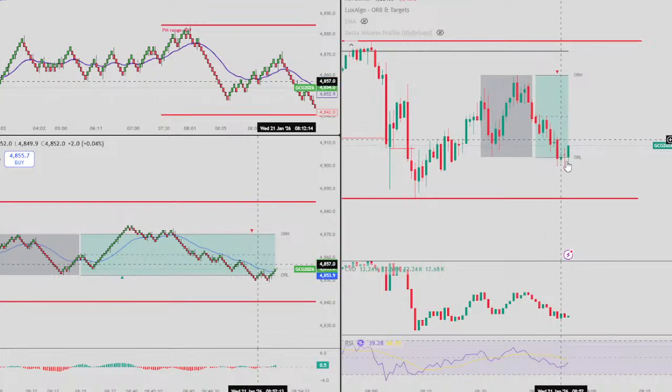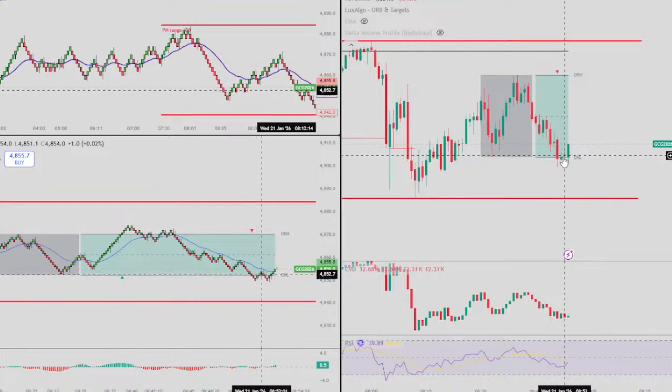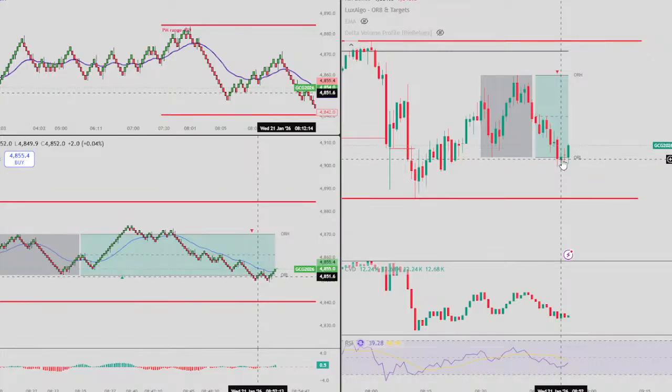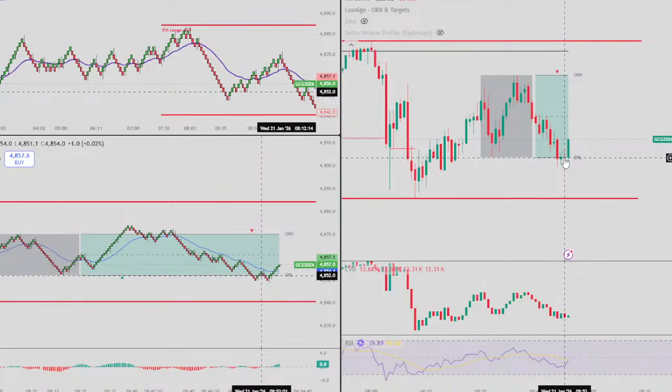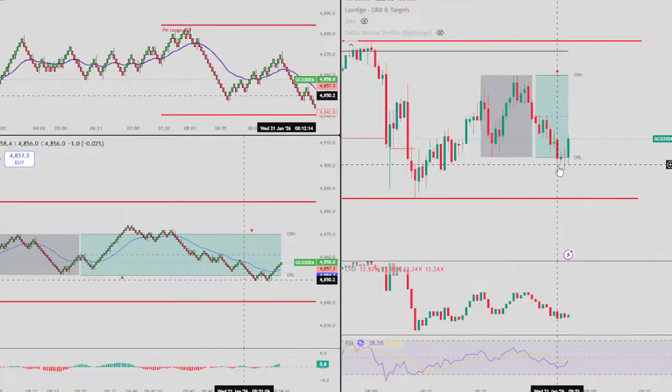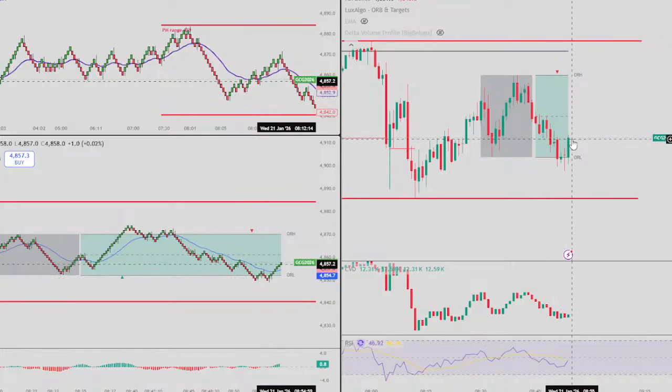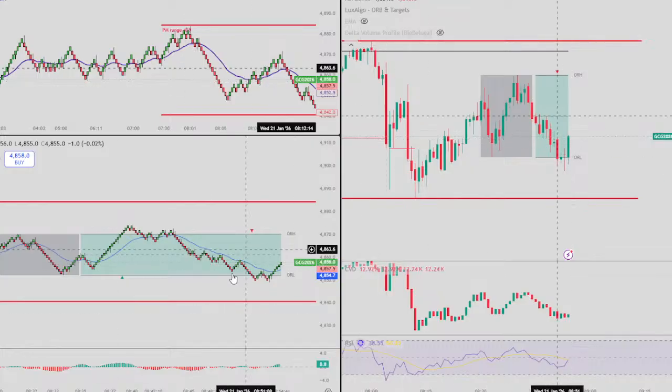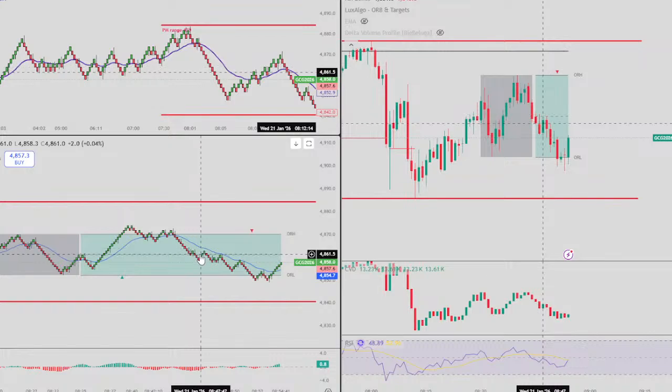Look, we broke and we held, and then we kind of danced on the line. We opened below it, closed right inside of it, and then two seconds before close, we closed just inside of it, and then we opened right on it. Now we're all the way back up here. So anybody who thought we were gonna push all got stopped out. Especially when you consider, if you're selling, where are you placing your stops?